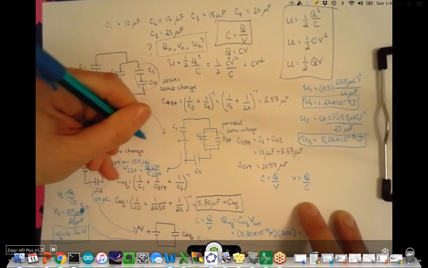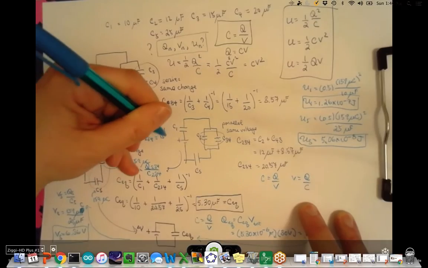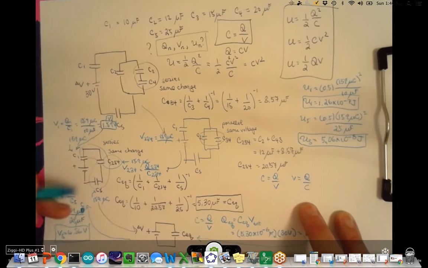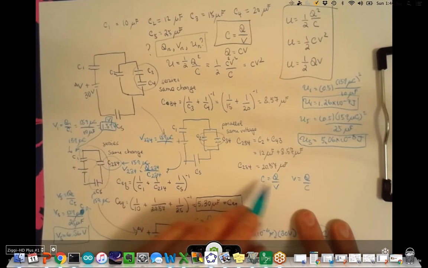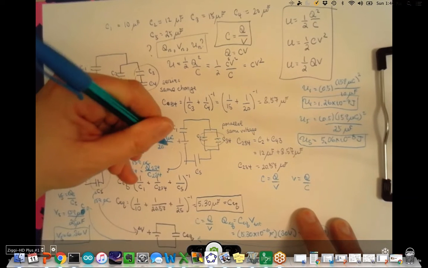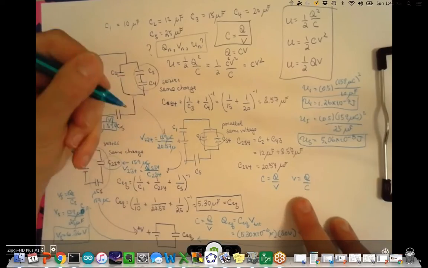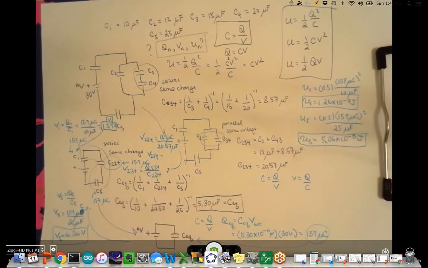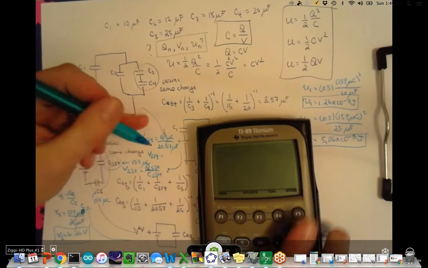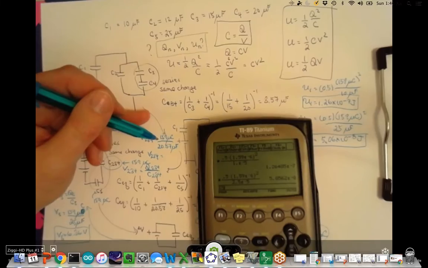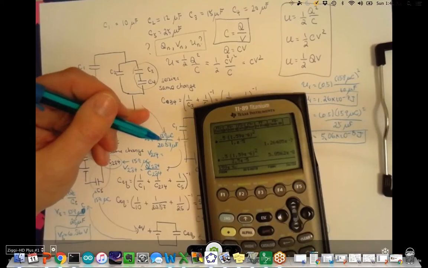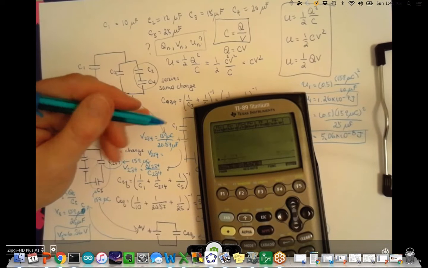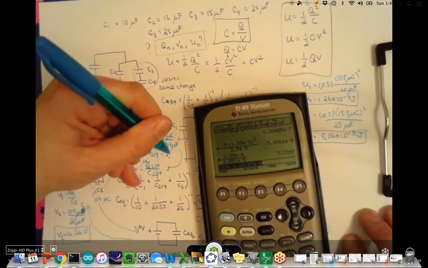So V234 will be 159 microcoulombs divided by C234, which is over here, 20.57 microfarads. So V234 is going to have a voltage of 159 e to the minus 6 over 20.57 e to the minus 6, 7.73 volts.